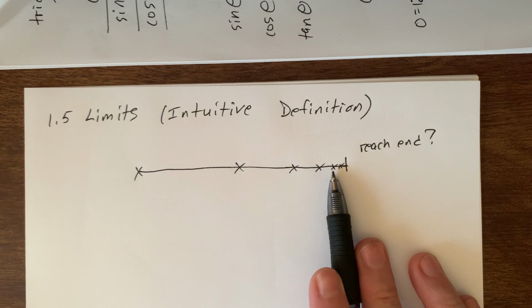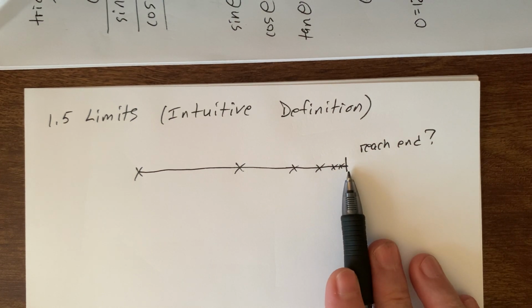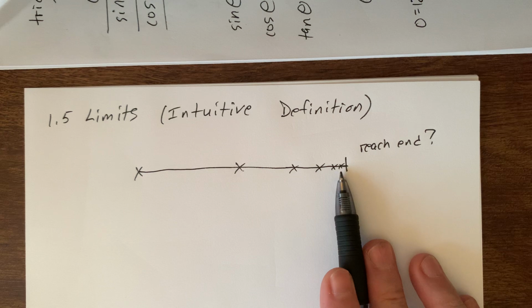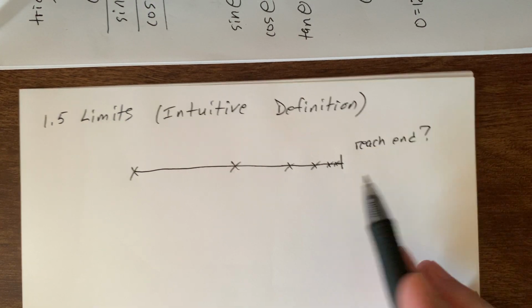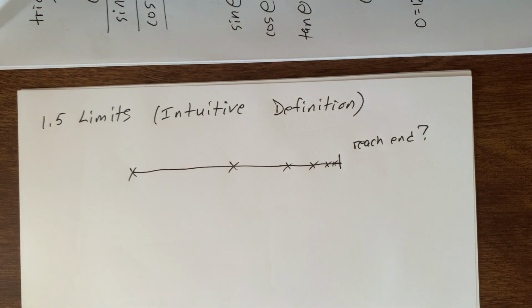If here I'm 1/10 of a unit away, well then I can only move half of that 1/10 of a unit. And then I would be half of a tenth away and I could only move half of that. Again, to significant figures, it would eventually feel like we're touching there, but we never actually reach the end. So that is the idea of a limit.